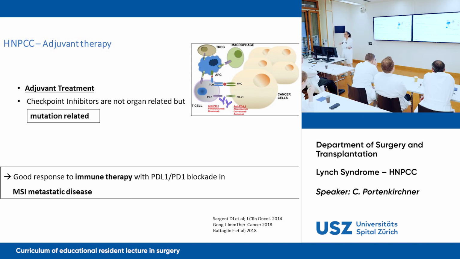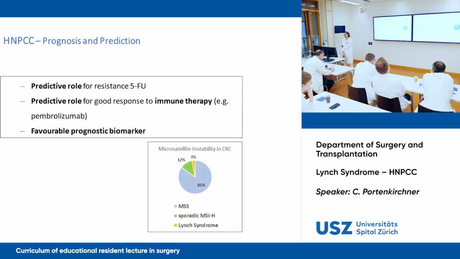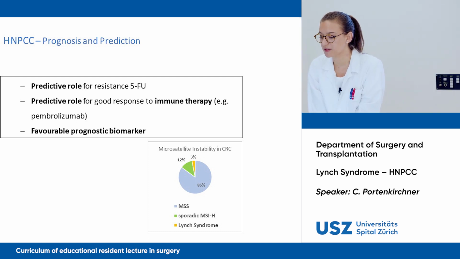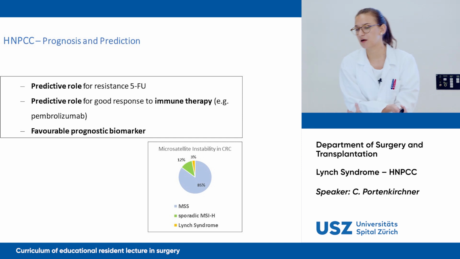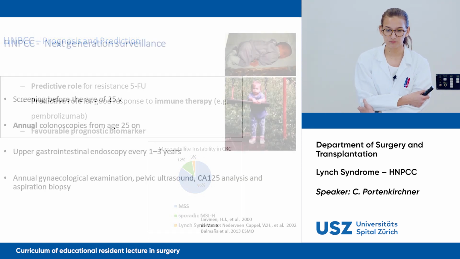They are the first FDA-approved drugs that are not organ-related, and it has been shown that there is a good response to immune therapy, especially in metastatic disease. So for prognosis and prediction, MSI in Lynch syndrome has a predictive role for resistance to 5-FU. We have a good response to immune therapy, and it's a favorable prognostic biomarker.